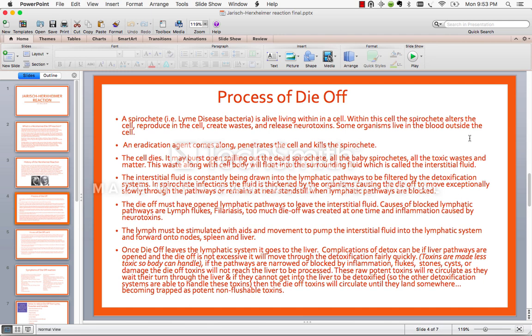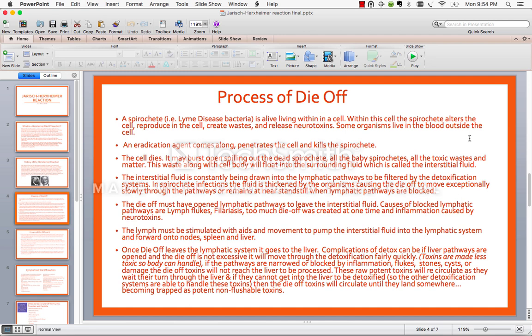The die-off must open the lymphatic pathways to leave the interstitial fluid, and blocked lymphatic pathways are known as lymph flukes. Too much die-off can be created at one time, and an inflammation caused by neurotoxins can occur. Usually what helps with this is the lymph system being stimulated with a pumping movement to move the interstitial fluid into the lymphatic system.